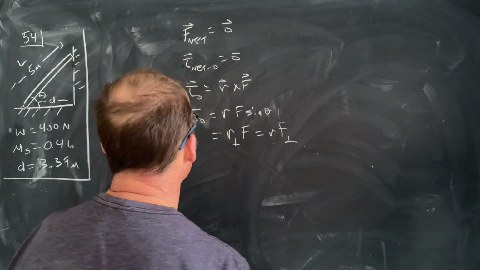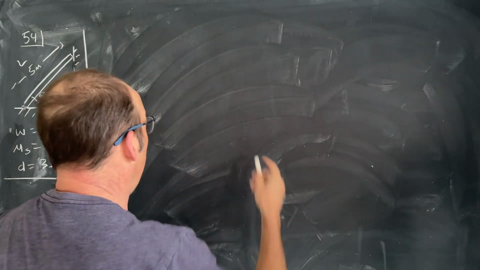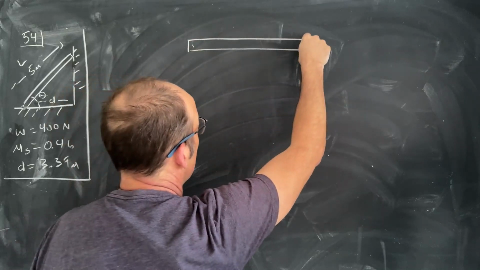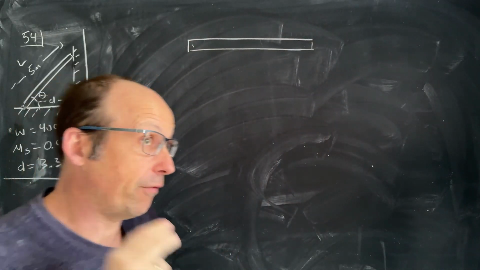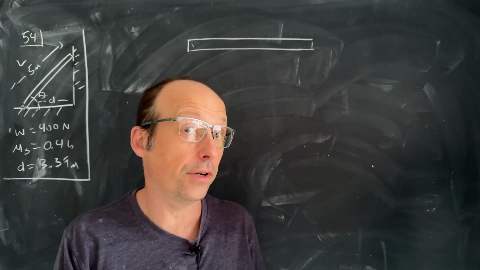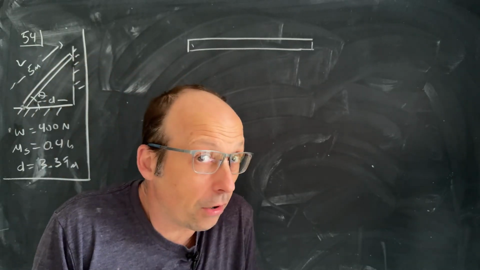Center of gravity. If you have a stick, it's made up of mass. And every single part of that mass, every proton, electron, and neutron, experiences a gravitational force due to interaction with the Earth. It's true, okay? But we don't want to calculate all those forces.